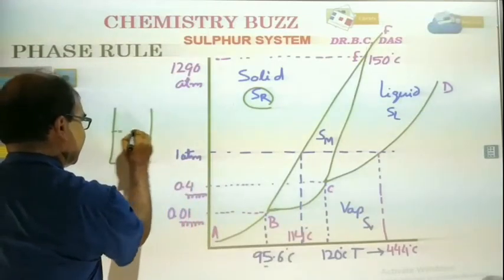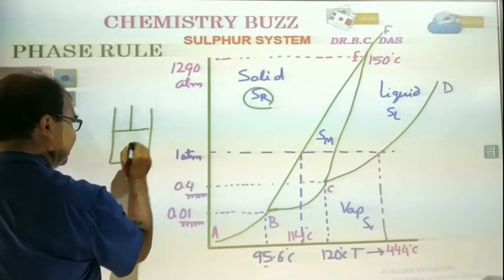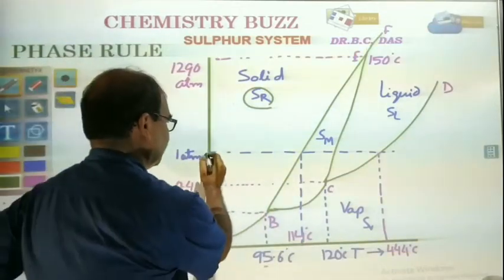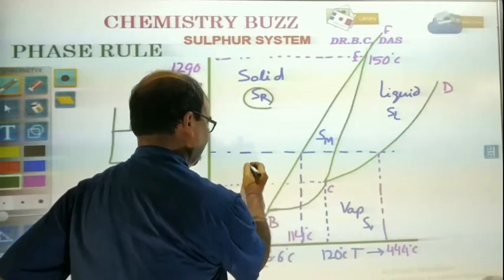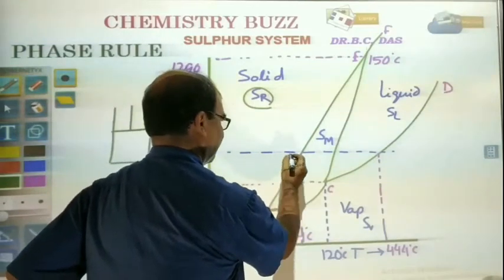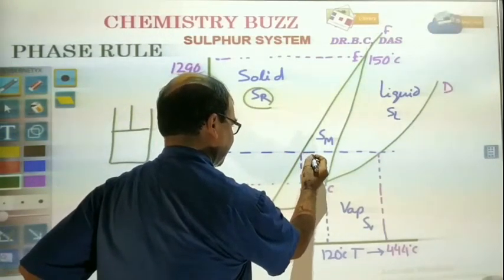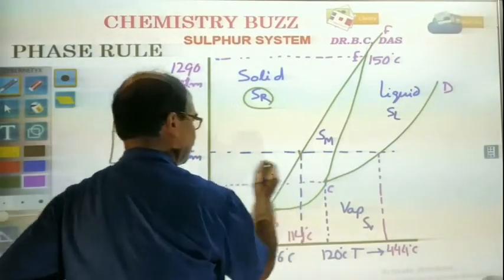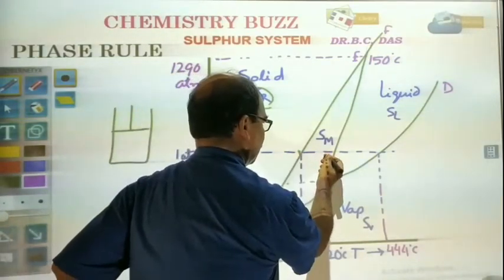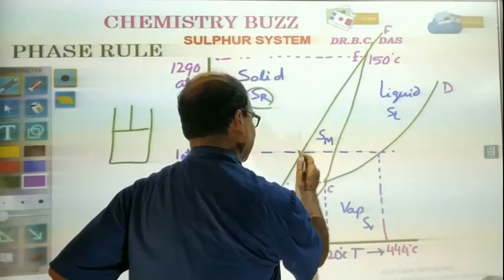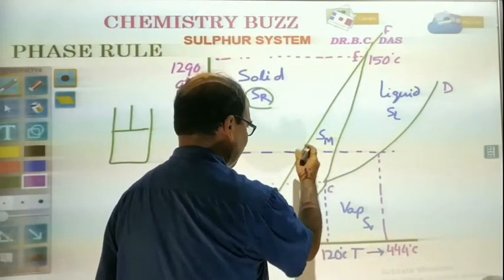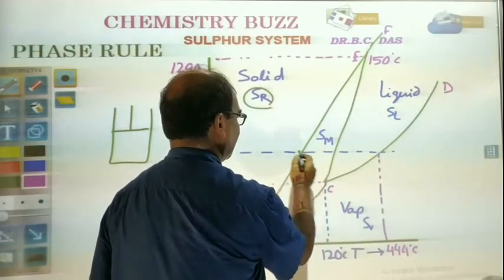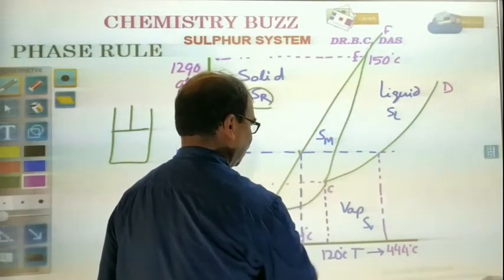So this is enclosed in a piston. The role of the piston is to maintain the pressure constant. So keeping the pressure constant, we supply heat, and the temperature rises, and at this temperature the rhombic sulfur changes to monoclinic sulfur. And if we continue heating, then at this point the total rhombic sulfur will transfer to monoclinic sulfur.